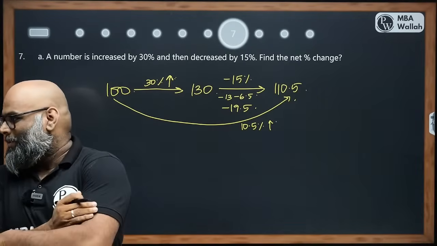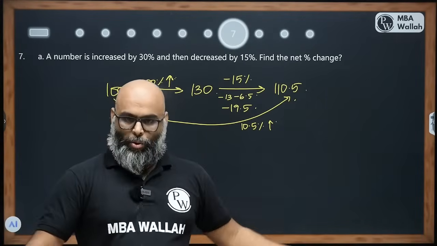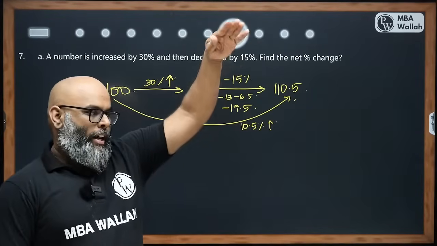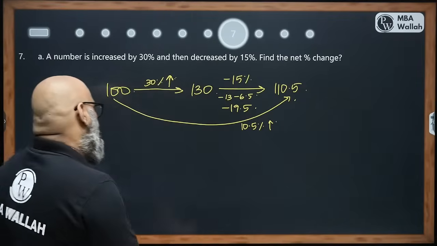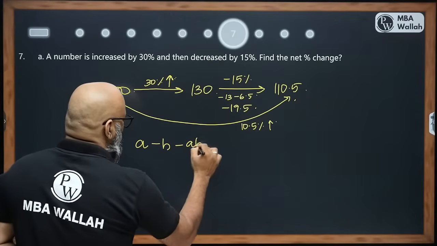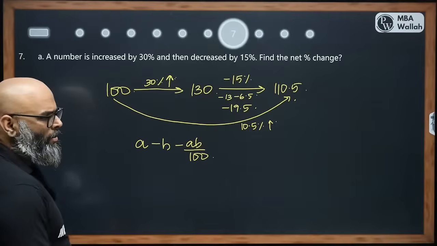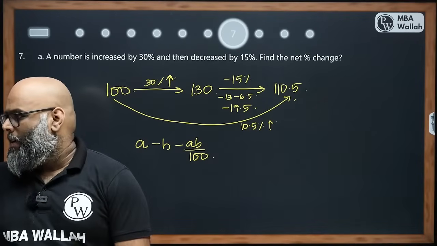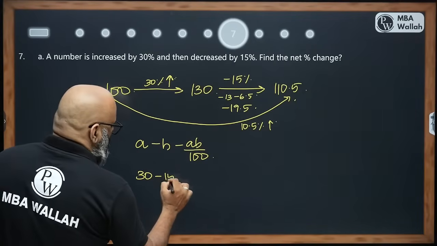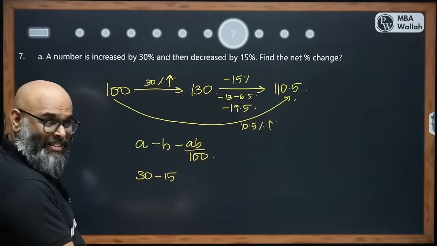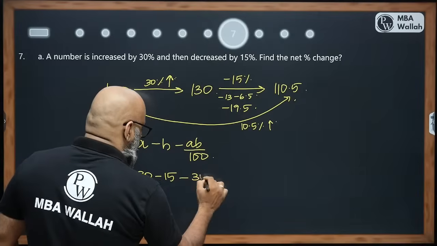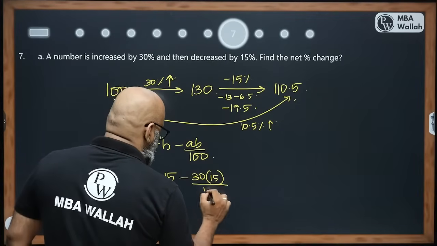Check it out. This is your conventional way. Or you can use the formula that we just spoke about. Increase, decrease successively. So how will I write it? A increase minus B decrease minus AB by 100. Apply A and B. We are done. What is the value of A? 30, minus 15 because it's decrease. A into minus B will be minus AB, so minus of 30 into 15 by 100.